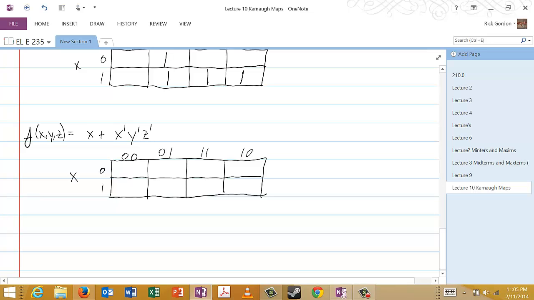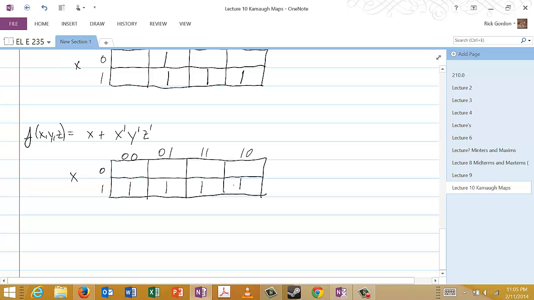In other words, x is an implicant of j, and therefore wherever x is equal to 1, j must be 1. So in this entire second row, j is 1.